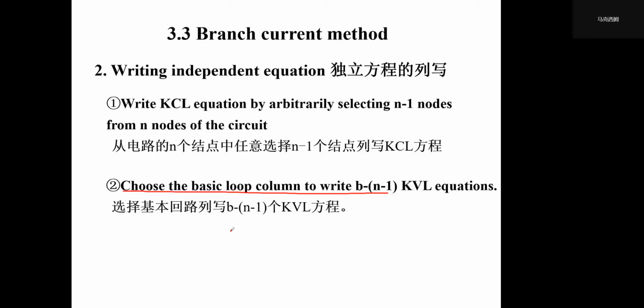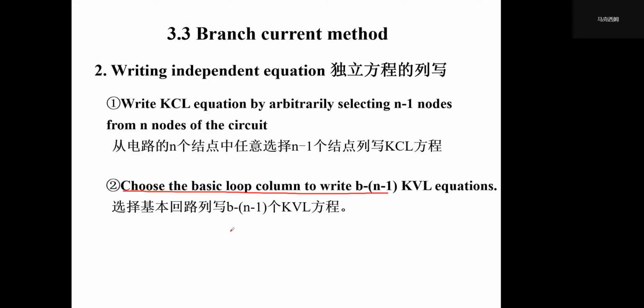Once you add any of the remaining branches back to this tree, it will form a loop. You add them back one by one, and then you can list the equation for each loop.